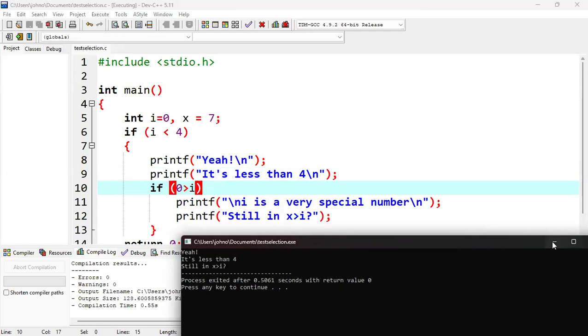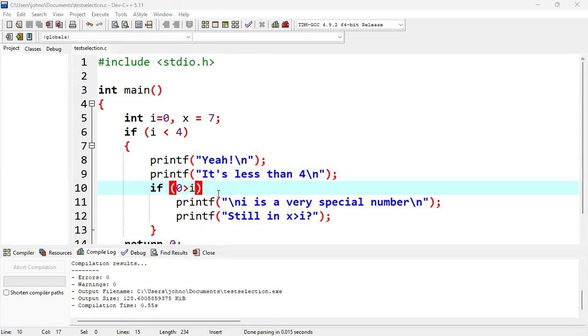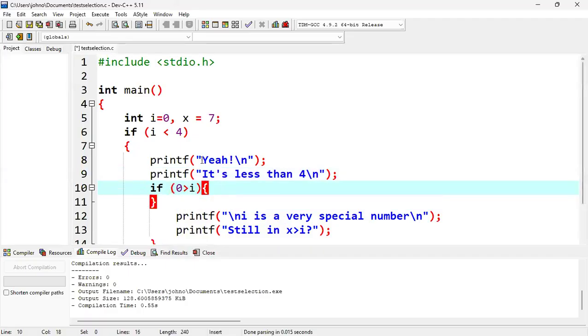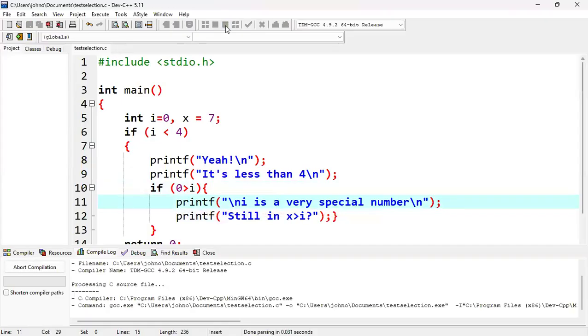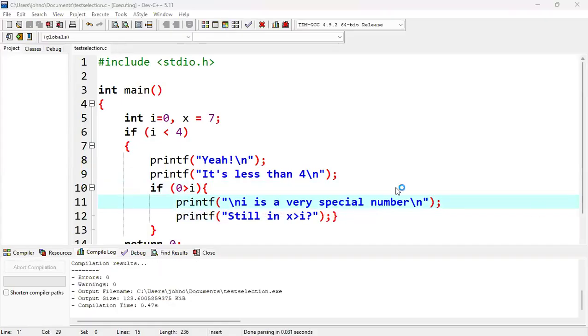So it still prints "still in xi". Please keep in mind that the C programming language is very sensitive to the display, the grouping of the body of compound statements, as it were.